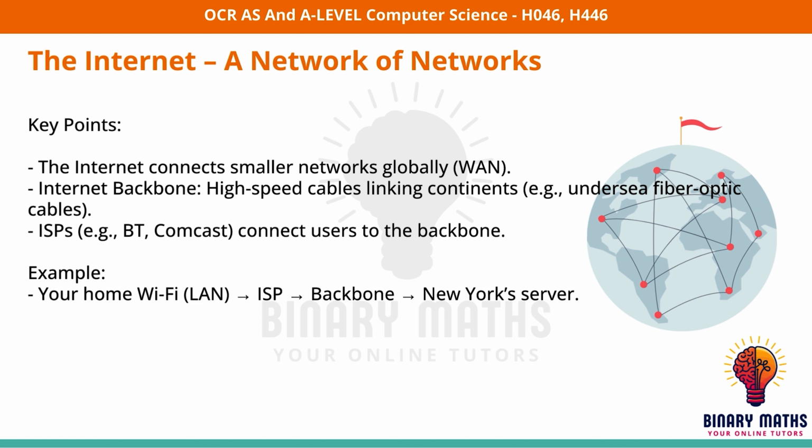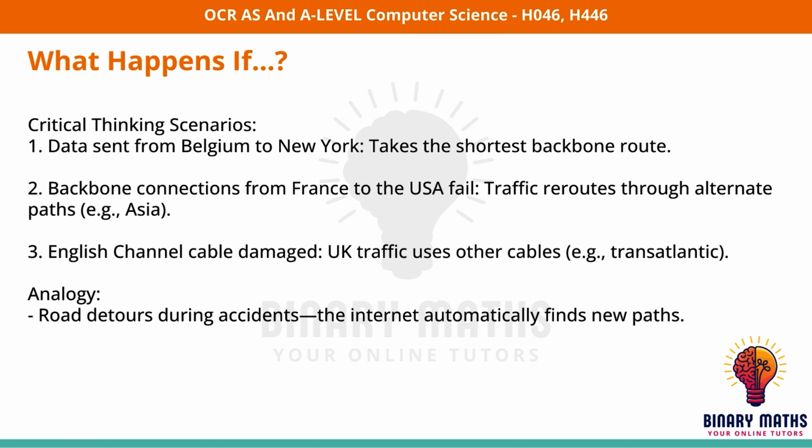But what happens if part of the highway collapses? Let's find out. Imagine a ship's anchor snaps a backbone cable between France and the USA. Does the internet crash? No. The internet is built with redundancy, multiple backup routes.